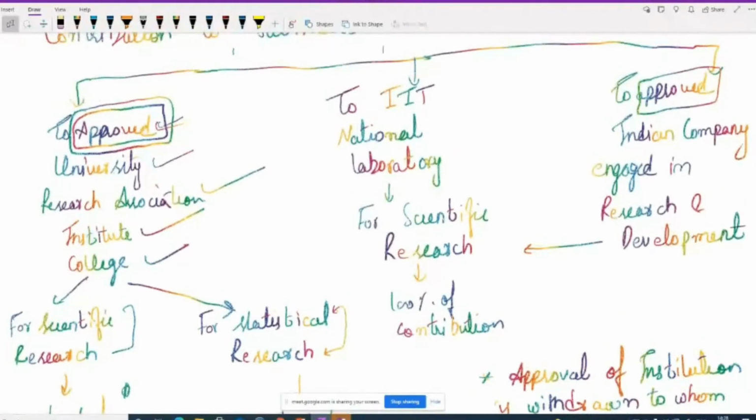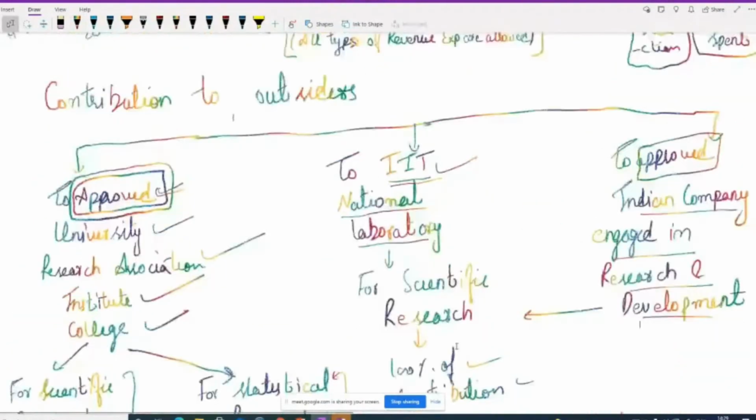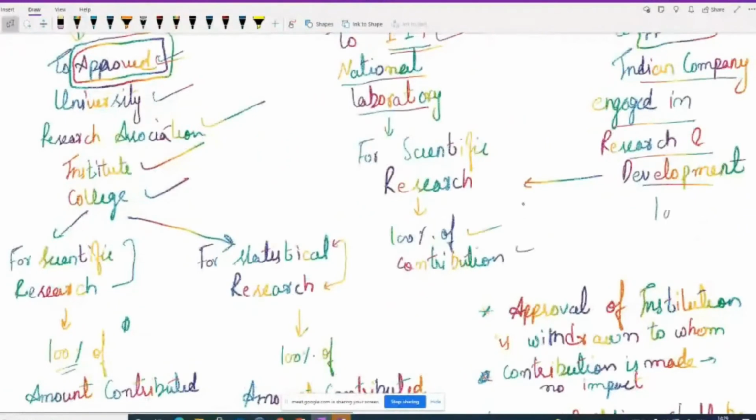So now, if you have given any amount to any IIT, Indian Institute of Technology, IIT Delhi, IIT Mumbai, IIT Kharagpur, or to any national laboratory for scientific research, again 100%. To an approved Indian company engaged in research and development, again it's 100%. You can also write over here 100%.